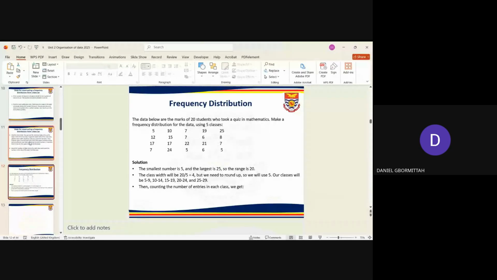If you go to the class 10 to 14 using inclusive class intervals, it includes numbers from 10 to 14. But if you are using exclusive, then we will not count the numbers that are equal to the lower class limit and the numbers that are equal to the upper class limit. That is what the exclusive class interval does.